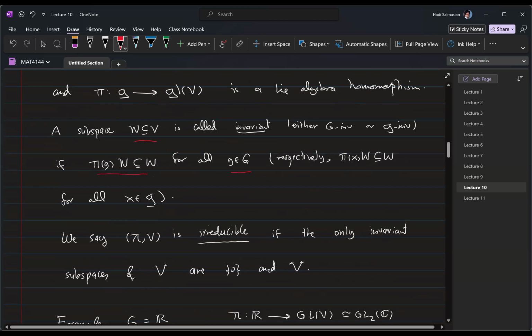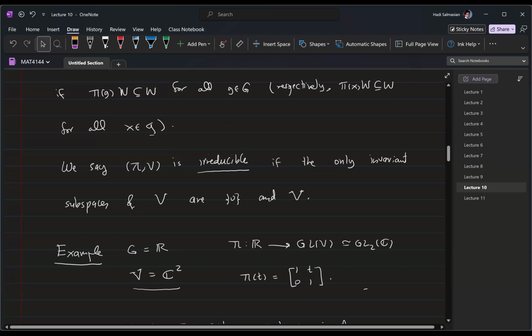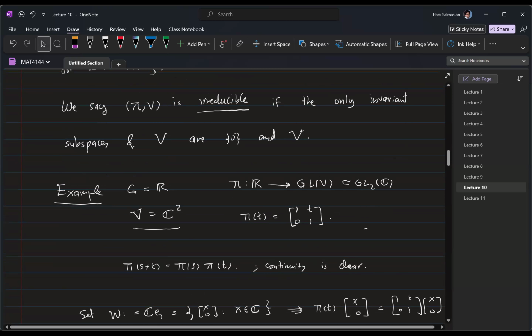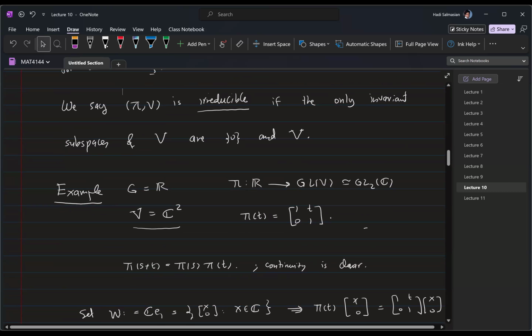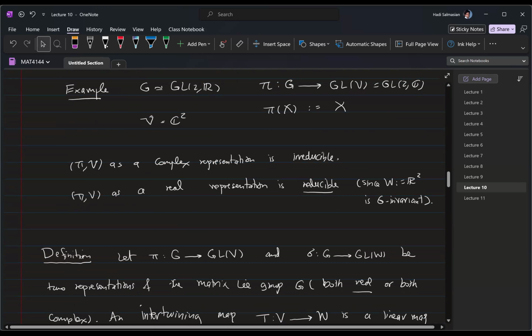And you also have a similar definition for a Lie algebra representation. If such a proper subspace exists, that's called a subrepresentation, and the original representation is called reducible. If no such proper subspace exists, then we call the representation irreducible.